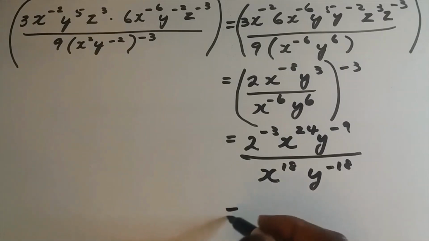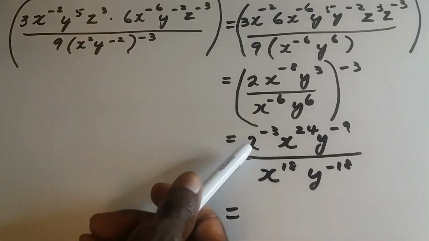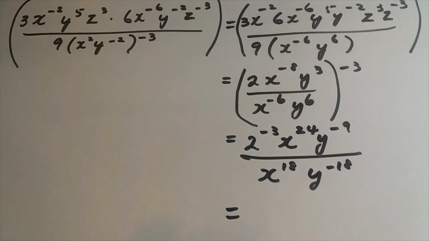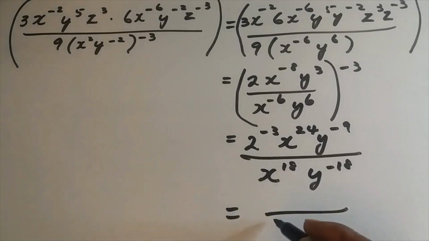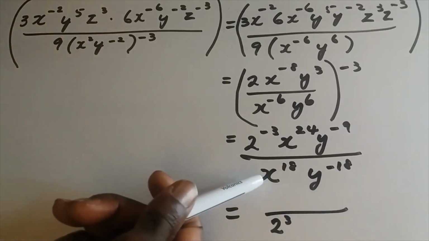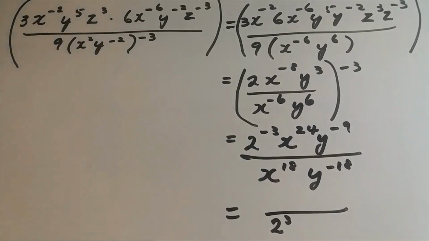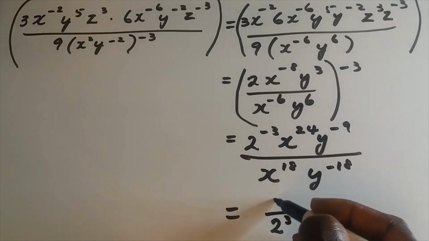And now we'll move this base of 2 with a negative exponent into the denominator. That's what we want to do. We have 2 cubed. The x to the 18 moved to the top, x to the 24th times x to the minus 18, which will be x to the 6th power.